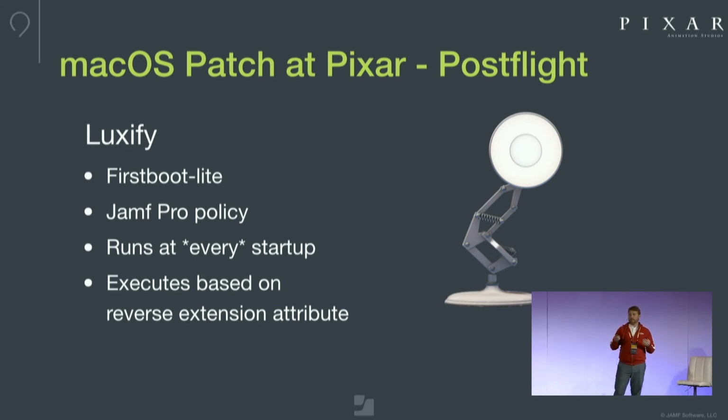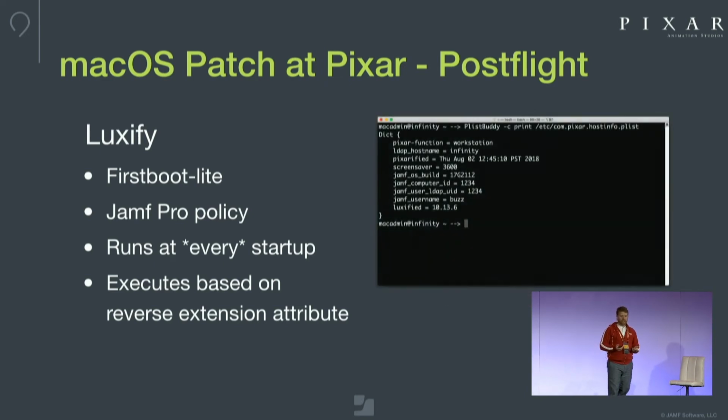We also will, because it's running at every startup, do additional checks about OS, and if it's a major upgrade, then the upgrade will get even more happening in that Luxify script. So it's based on an extension attribute, and the reason it can work this way is because at every startup, it's querying this file and wondering, what's my Jamf OS build? 99% of the time, a whole bunch of percent of the time, it's the same.